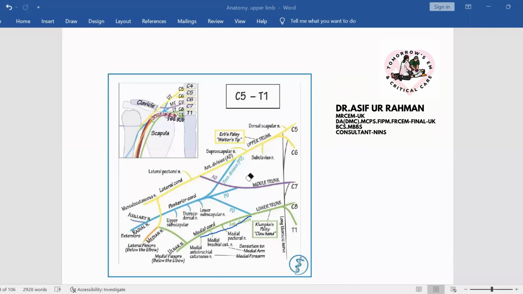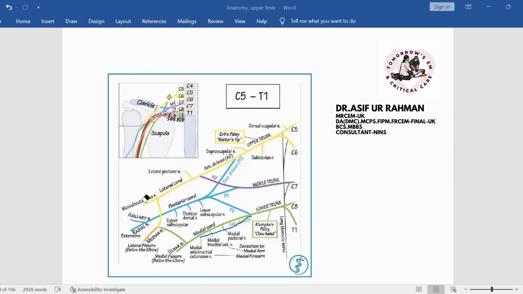From here you have to know the radial nerve, ulnar nerve, median nerve, musculocutaneous nerve, axillary nerve, long thoracic and thoracodorsal nerve. You should go through the details of these nerves. What does the lateral cord form from? The anterior division of the upper trunk will form the lateral cord.